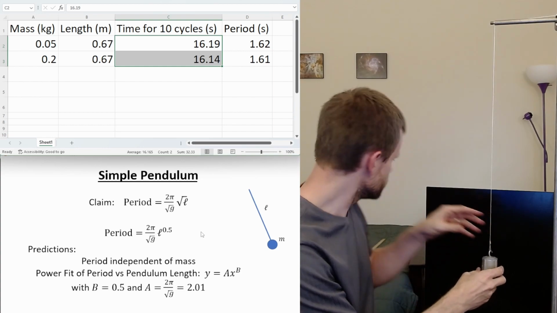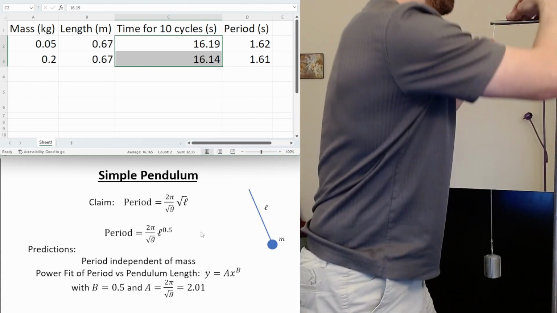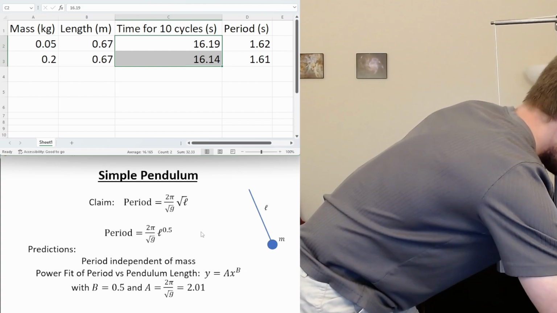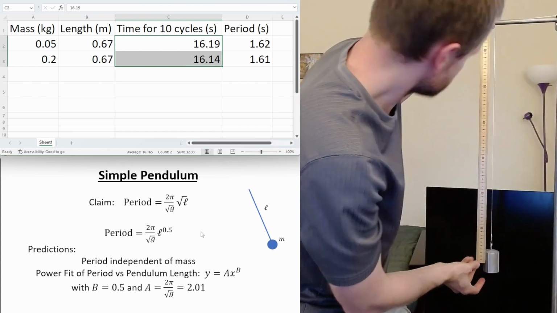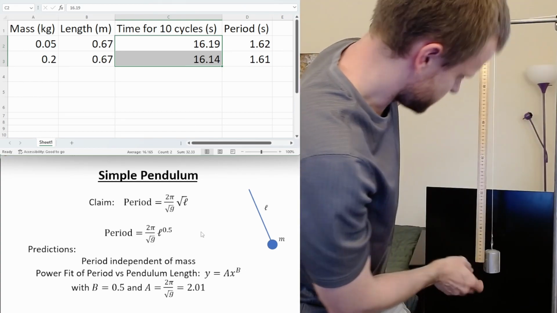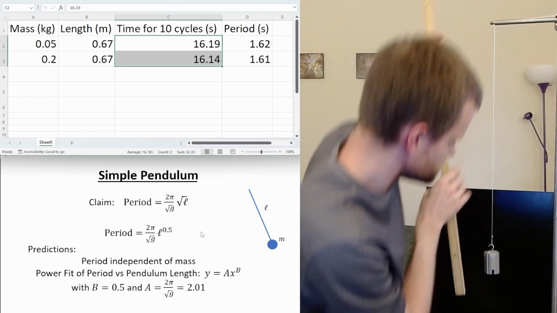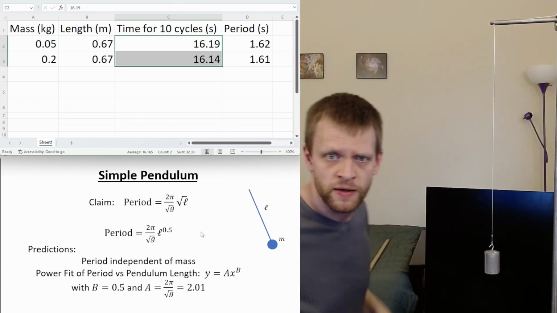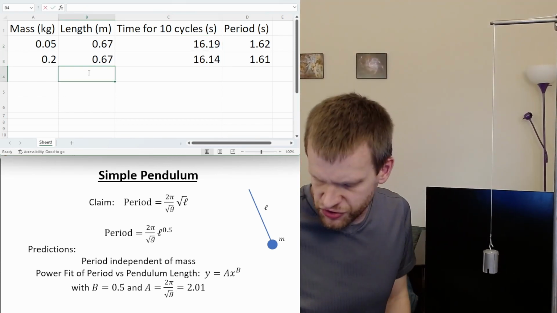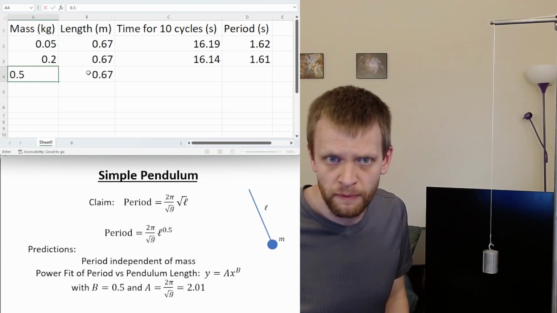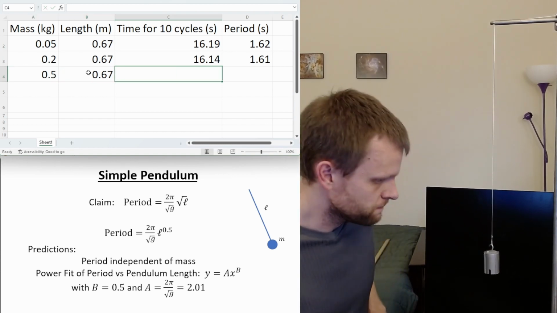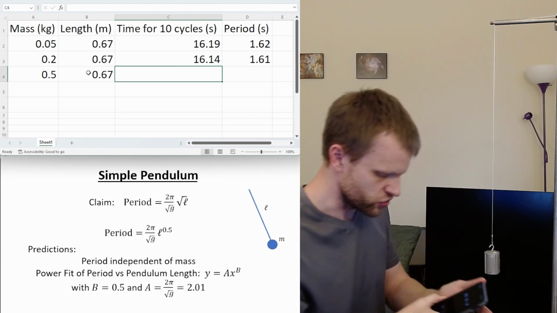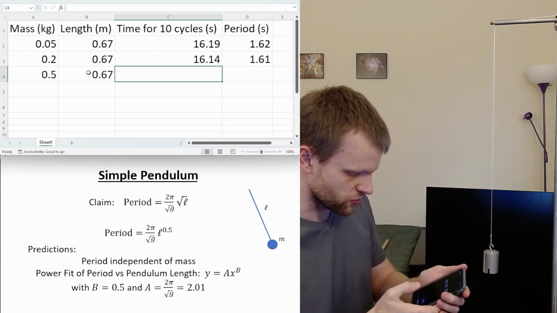Again, this one's longer, so I'm going to have to shorten this pendulum again. All right, that looks pretty good for, again, 67 centimeters. So again, 0.67 meters. Now our mass is half a kilogram. And we're going to do exactly the same test again. So let's reset.